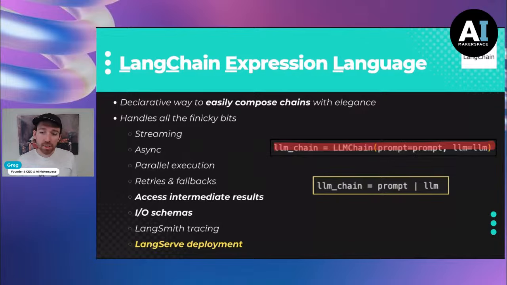Additionally, this input-output schema is also an integral part of LangServe. So you can use this to validate inputs and outputs. Classically, we're talking a lot about calling functions, and we're talking a lot about JSON formatting, and OpenAI has just released JSON mode.